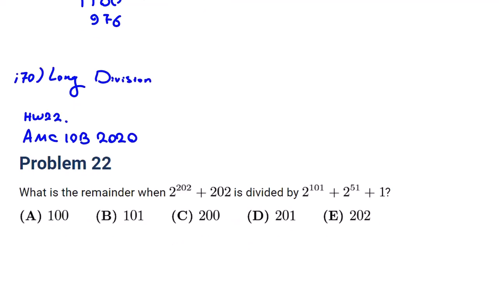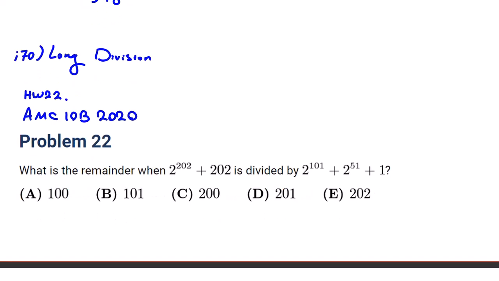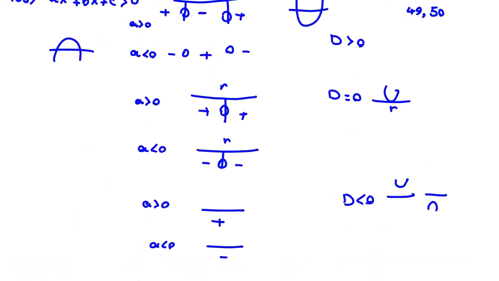And the next idea, idea 71, you should know partial fractions. And we have an AMC problem, homework 23, that can be solved with partial fractions. You should know what this is. If you want to know what partial fraction is, send a message to my WhatsApp number.